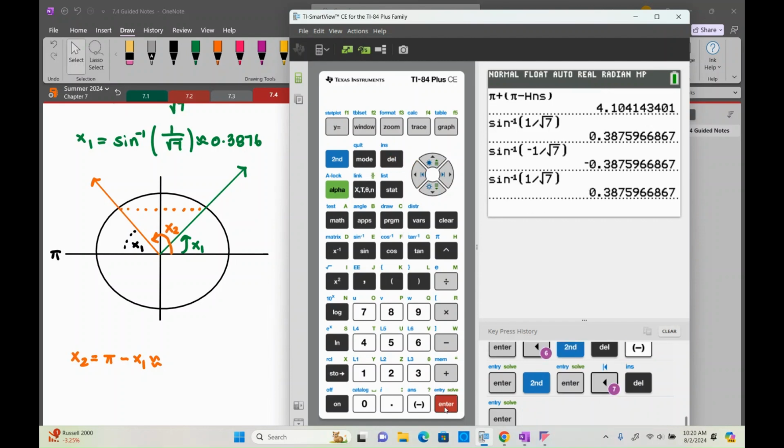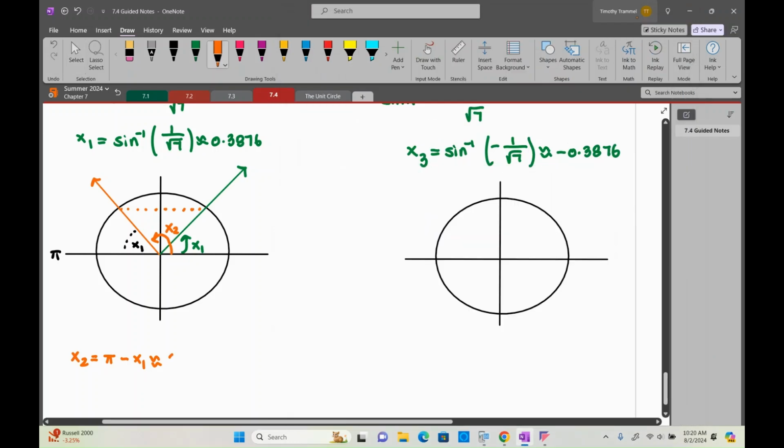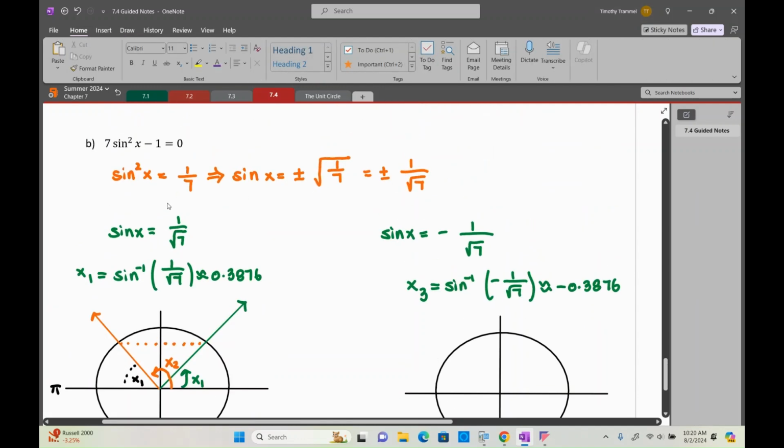So this number right here on my calculator is x1, and if I do pi minus that, I get my new angle here, which is about 2.7540 radians. And so we'll be able to write all the solutions that come from sine of x equal to 1 over root 7. And here in a minute, we're going to have to deal with this one.